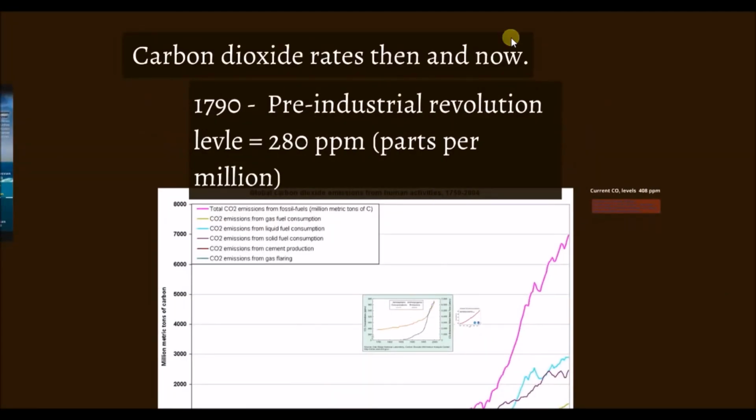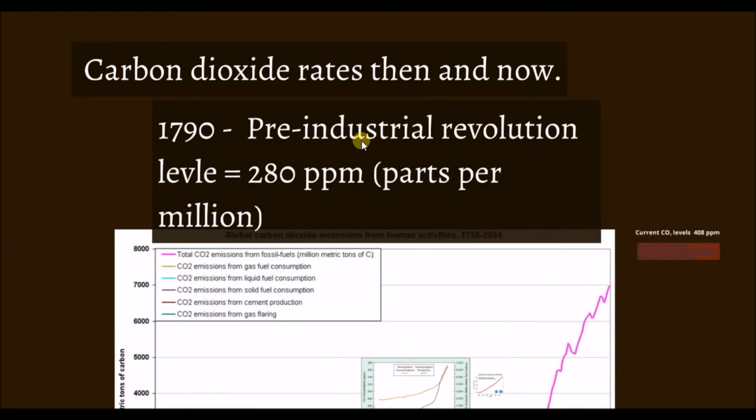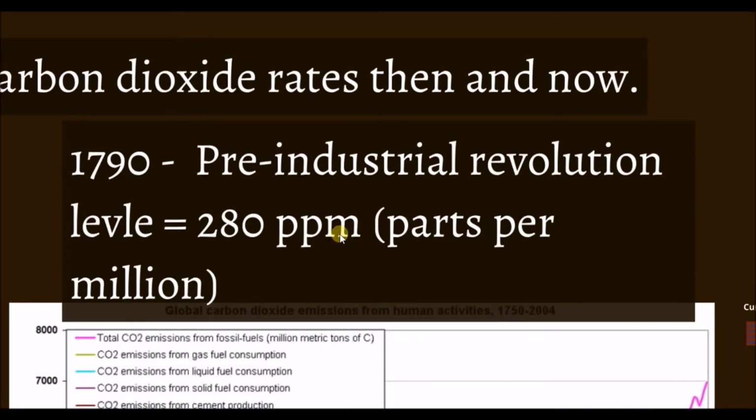So carbon dioxide rates have been increasing. Before the Industrial Revolution, they were at about 280 parts per million. Parts per million means that for every 1 million molecules in the air, 280 of them would be carbon dioxide. That's not very much.